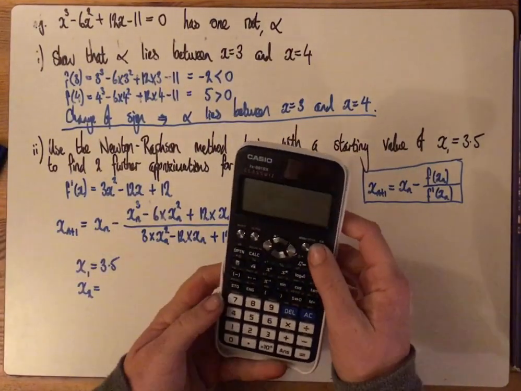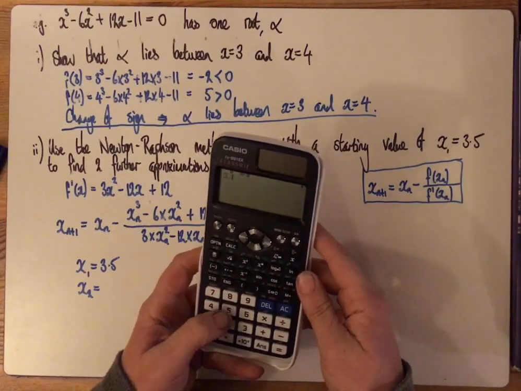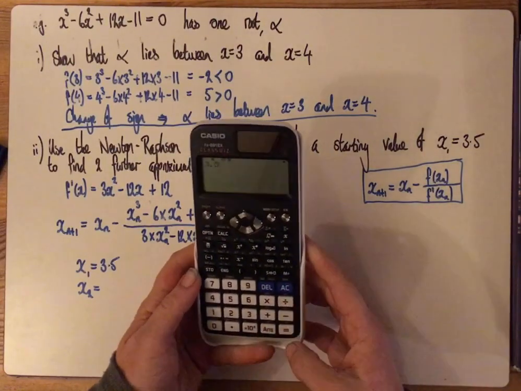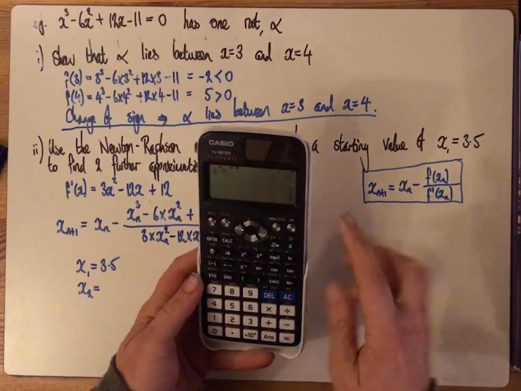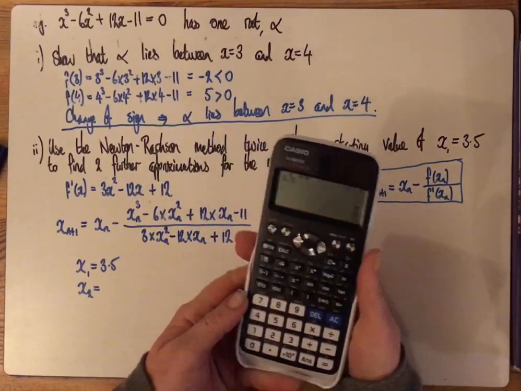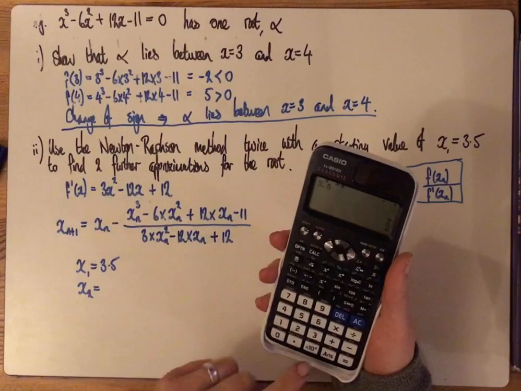So same as what we did on Tuesday, you press 3.5 in and press equals. So that's now storing that as the answer. Just put it in carefully.